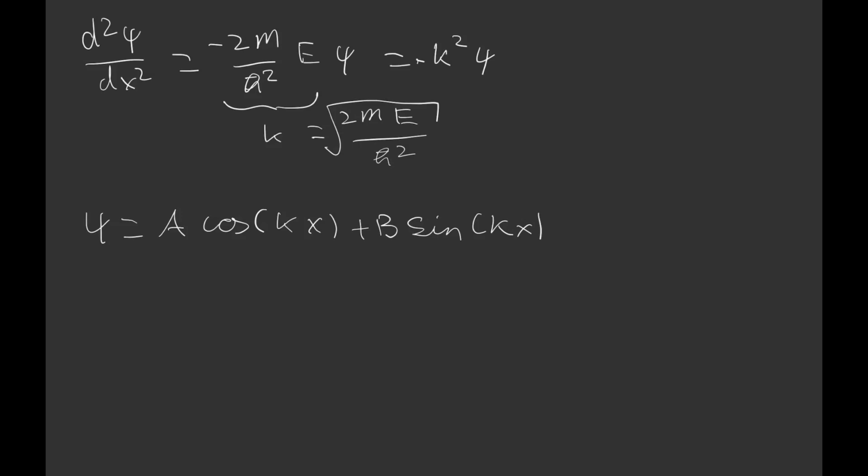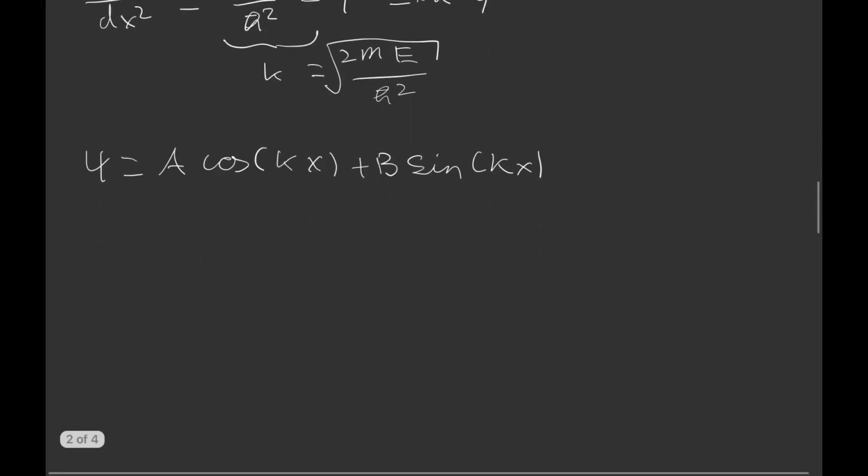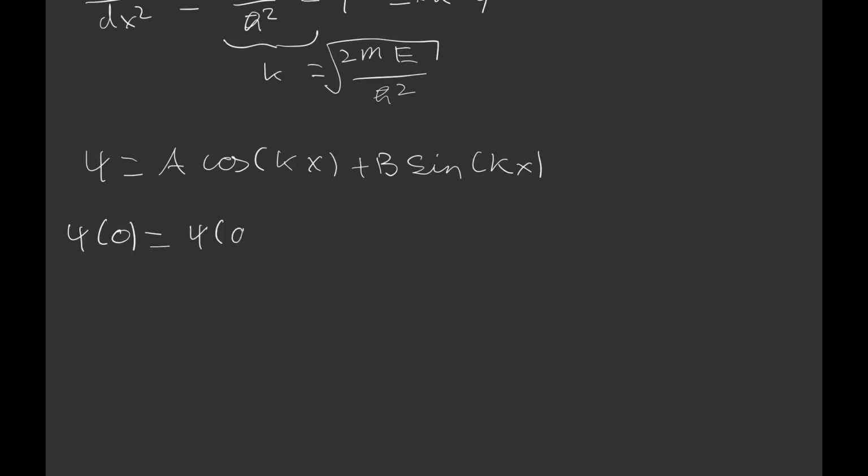The following property that we will use is continuity. Namely, we know that the wave function has to be continuous, which implies that the wave function at the position 0 is equal to the wave function at the position a, which is equal to 0.